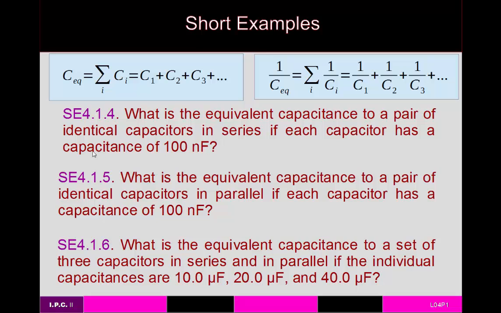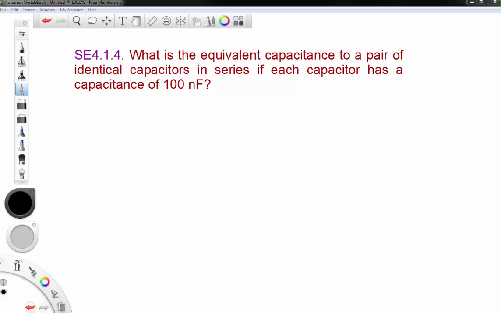So with that said, let's go ahead and look at a few more short examples. So the question is, what is the equivalent capacitance to a pair of identical capacitors in series if each capacitor has a capacitance of 100 nanofarads? All right, these are going to be placed in series. So what does that look like? Well, 1 over C equivalent is equal to 1 over C1 plus 1 over C2.